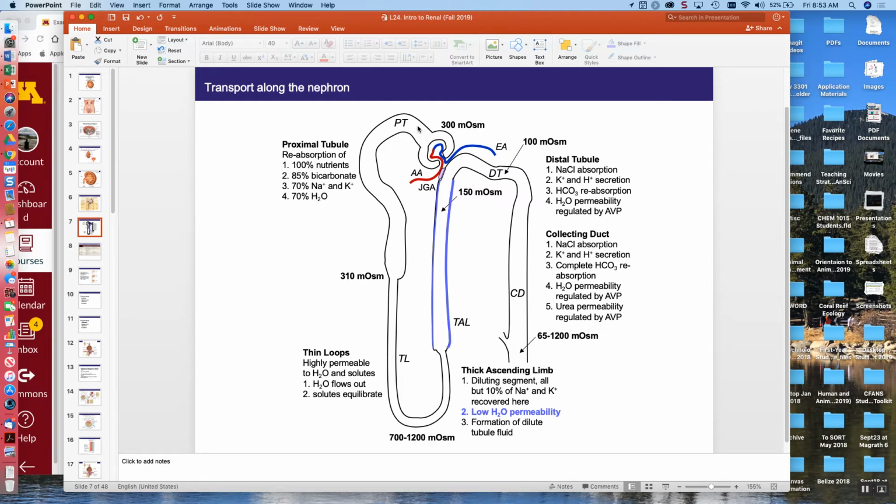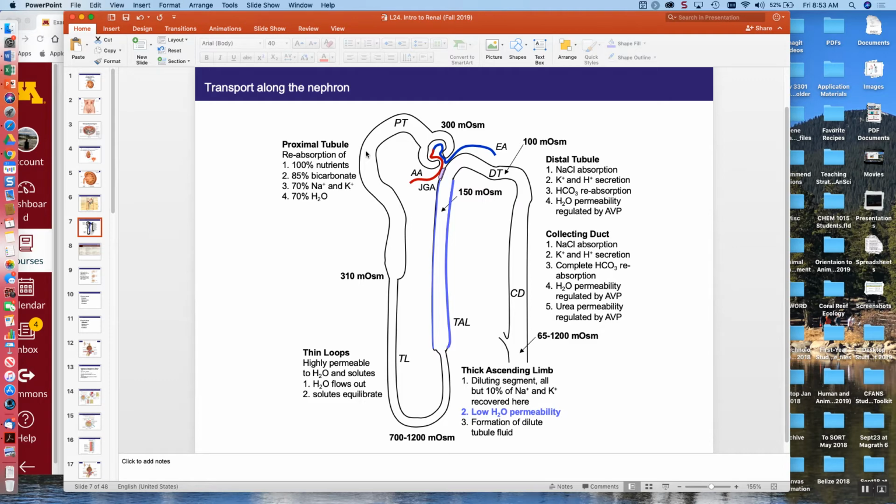So it makes sense that the next tube that's really important is called the proximal tubule. Proximal meaning next to. It's very near the glomerulus. If you only think about one word with the proximal tubule, think about reabsorption.